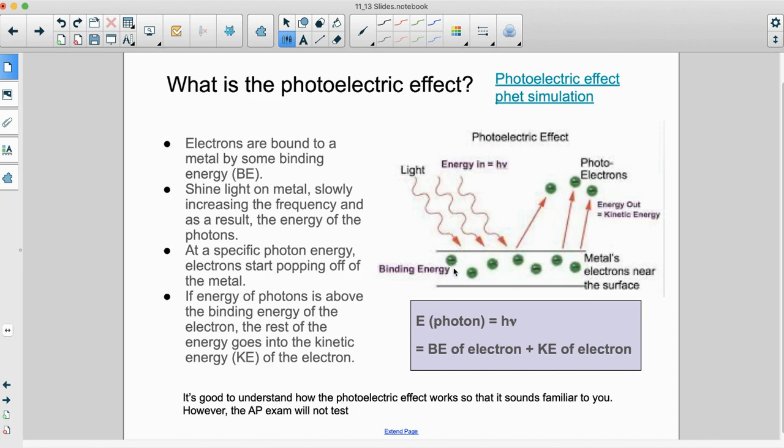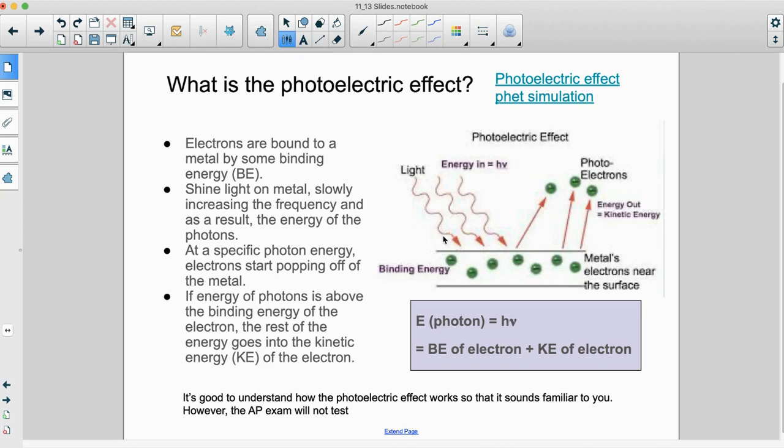So basically at this very specific energy, if the photon is equal to the binding energy, the electron pops off and just sits right there at the surface of the metal. If we put in light energy that is greater than the binding energy of those electrons, then the electron gets taken out, removed, right?